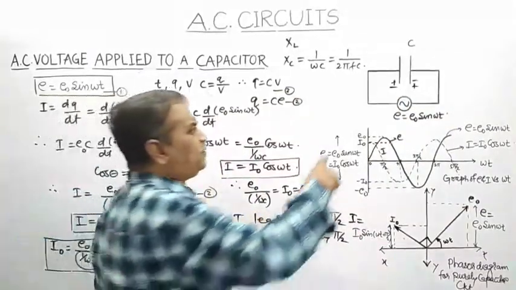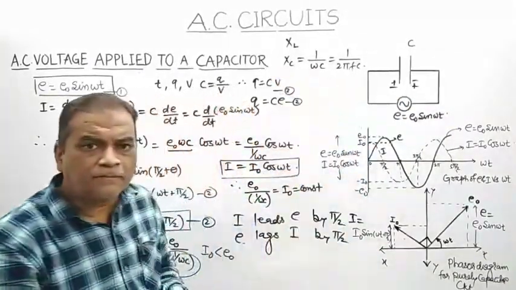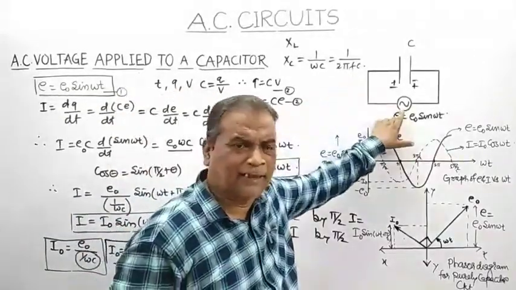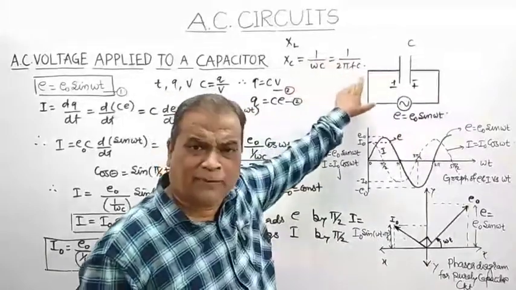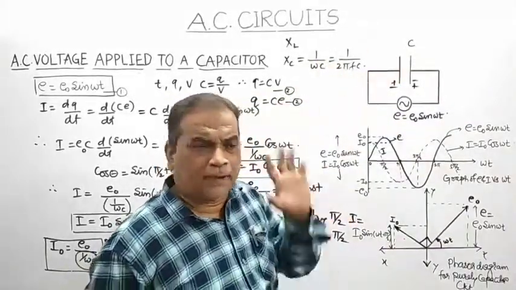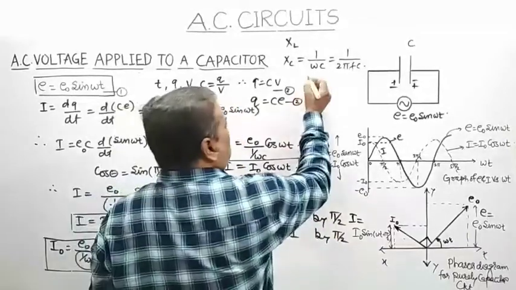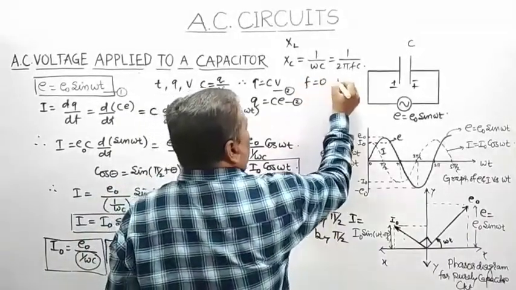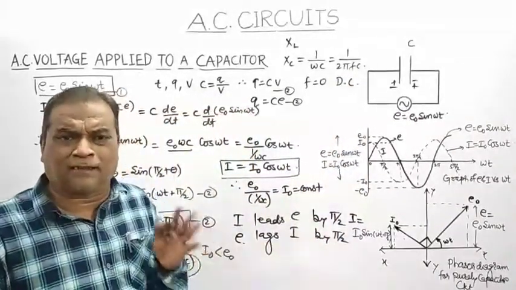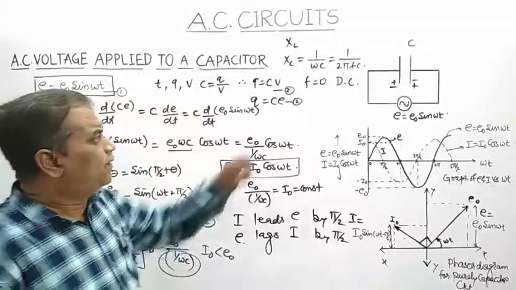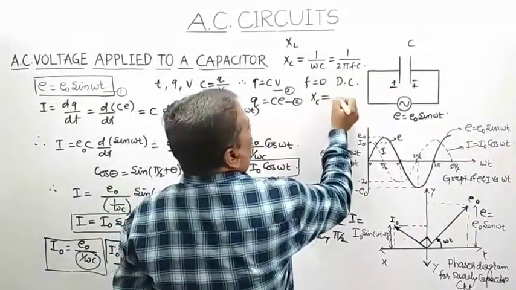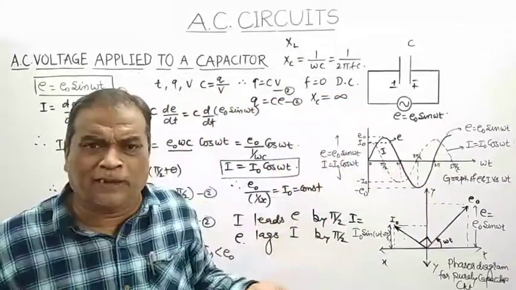So the capacitive reactance Xc varies inversely with the frequency of the alternating EMF, and it varies inversely with the capacity C of the condenser. The frequency f is equal to 0 for DC, direct current or DC voltage. When f becomes 0, Xc becomes infinity, since 1 by 0 means infinity.